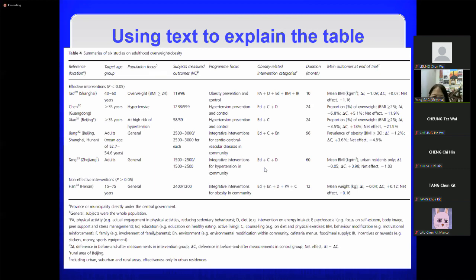So here is an example, and you may have a read of this table and try to write the main text of that table to interpret the table's contents and to provide some supplementary information.